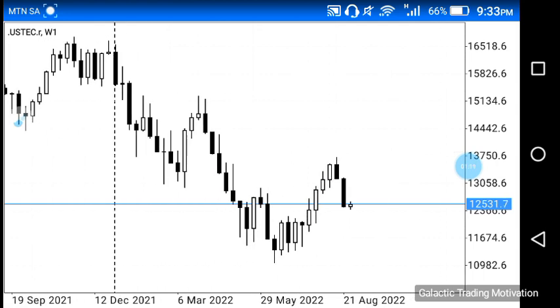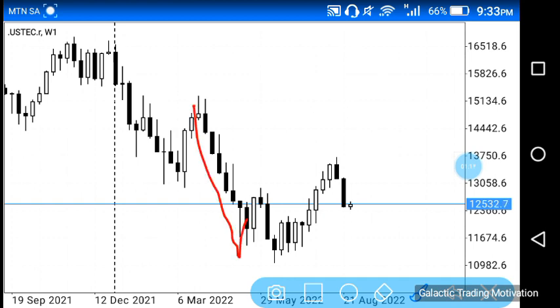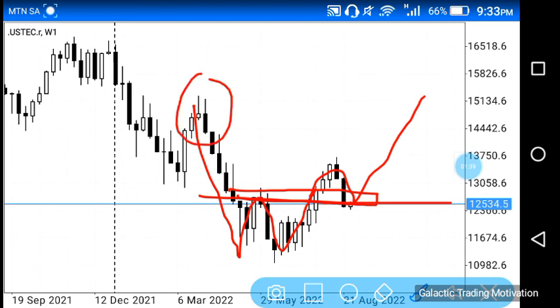So here we are on the weekly chart, and on the weekly chart we can see that we have this nice W structure over here, which has a neckline at this point over here, right? And we spoke about this in previous videos, and we had said that the anticipation was for price to come back to the neckline to test it, and possibly we might see a reversal to complete this very nice W structure at this level over here, right?